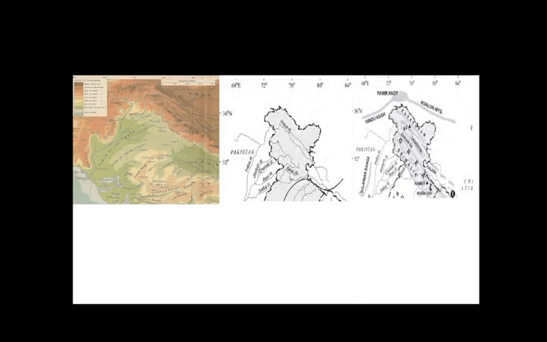Indus is the northernmost river in India and it is flowing between, as you can see here, the Karakoram range and the Ladakh range, and Indus is flowing more closely to the Ladakh range than the Karakoram range.